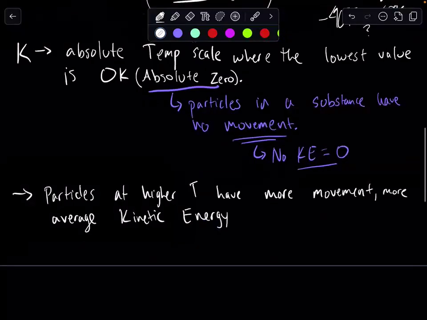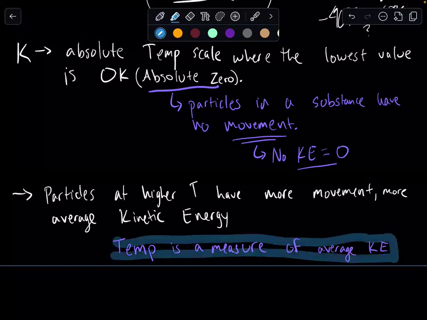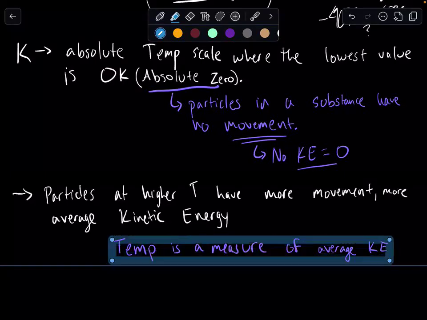From this, we can understand that temperature is a measure of average kinetic energy. So based on these scales, we know that our temperature is just a measure of average kinetic energy.